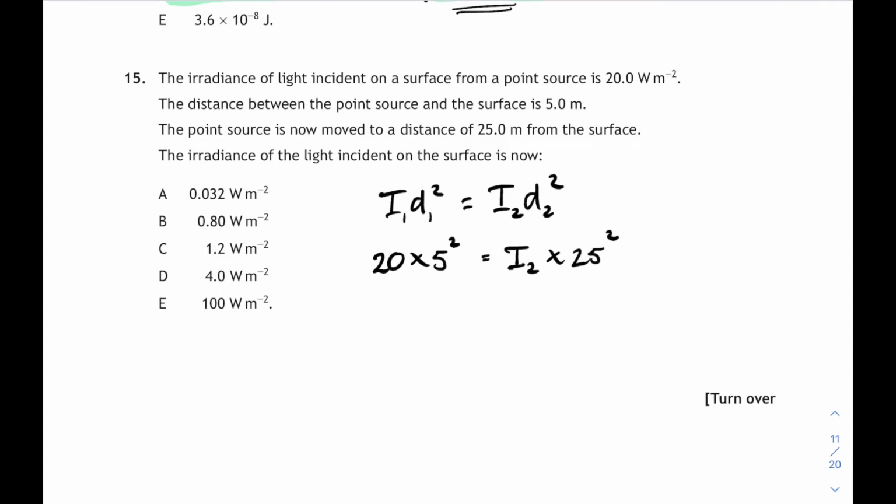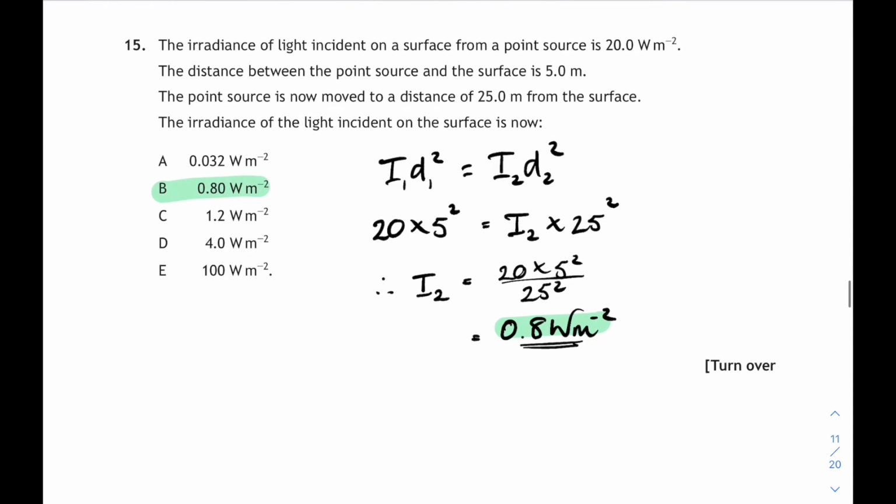Don't forget to square it, and then rearrange for I2, so I2 will be 20 times 5 squared over 25 squared. And if you do that on your calculator, you get an answer of 0.8 watts per square metre. And that corresponds to answer B.